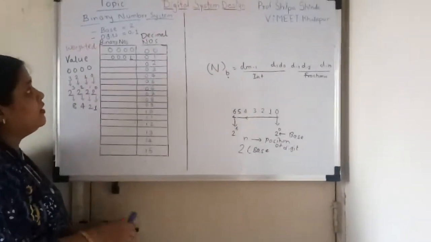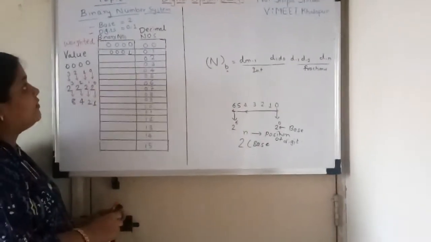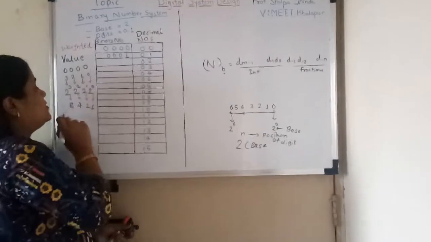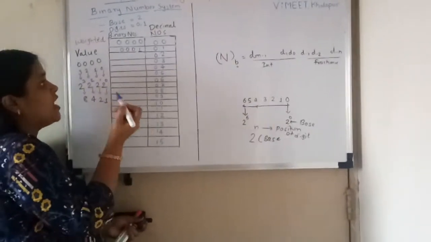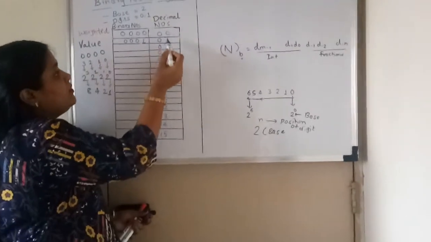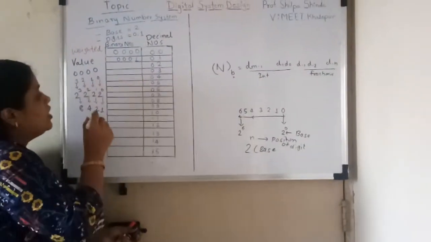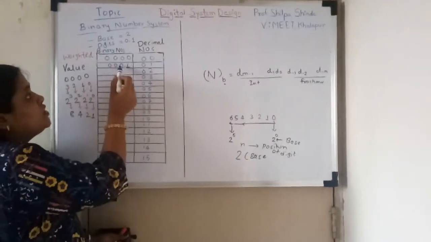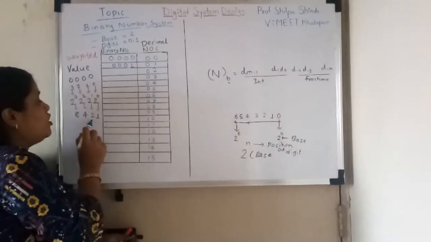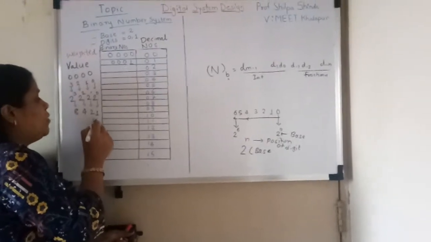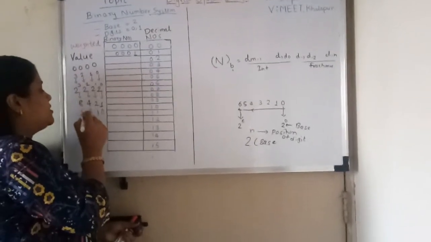So we'll write the equivalent binary numbers here. For 0, all bits are 0, so 0 0 0 0. For 1, the value should be 2 raised to 0, equal to 1, so 0 0 0 1. Now I want 2. This bit has the value 2, so this bit will be 1 and all other bits are 0.